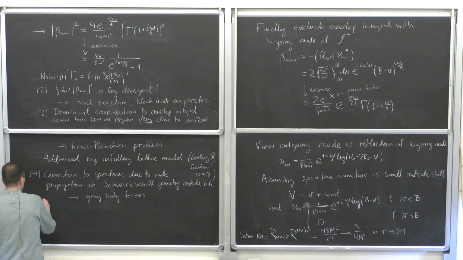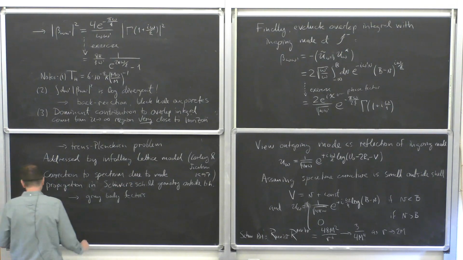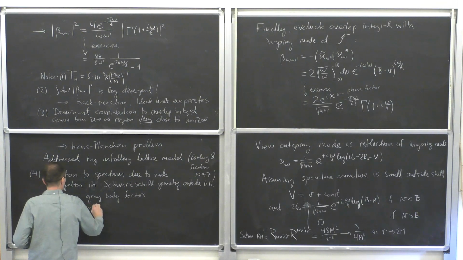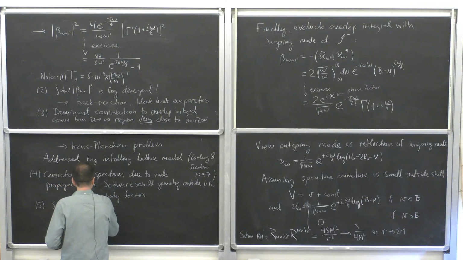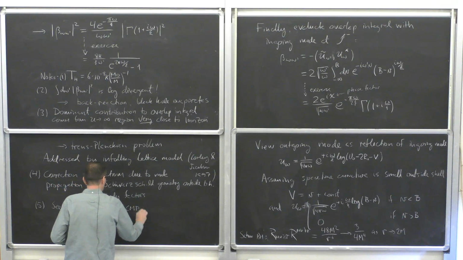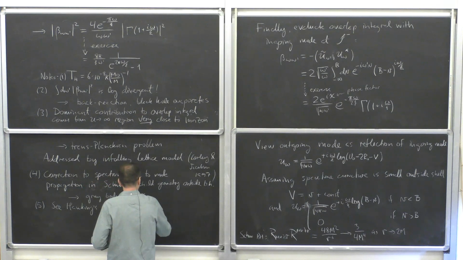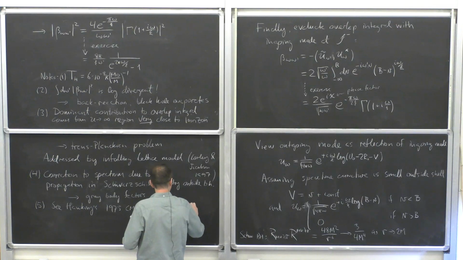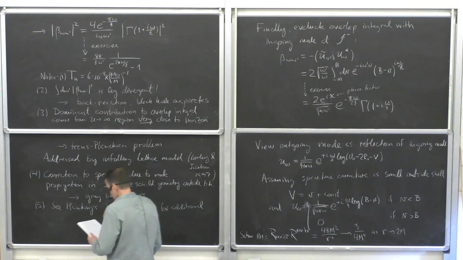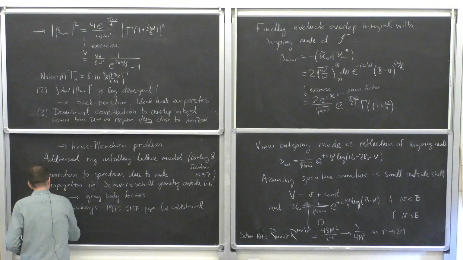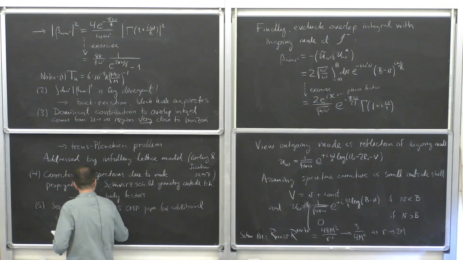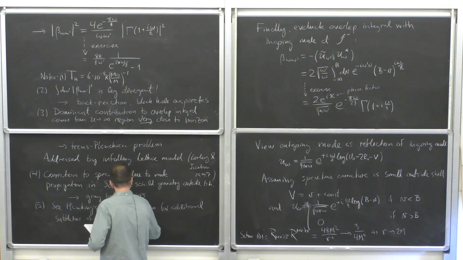Now, as I said before, I really recommend, if you're interested in the subject, to take a look at Hawking's original paper. It is very clearly written, and it discusses additional issues of this original calculation.